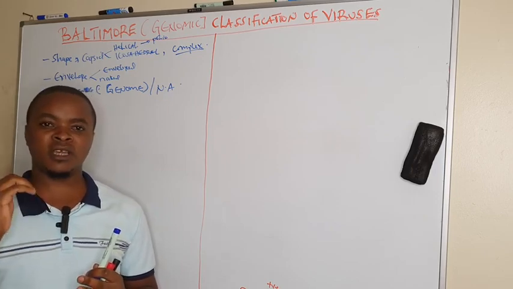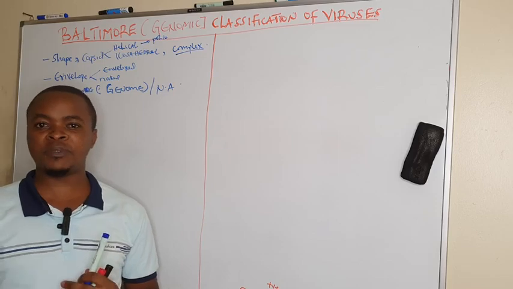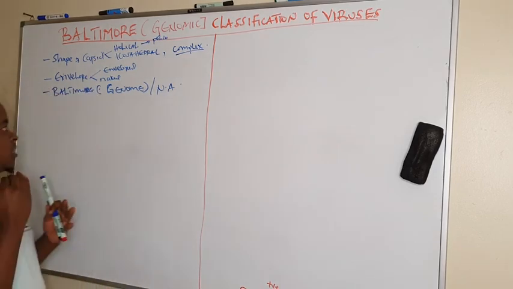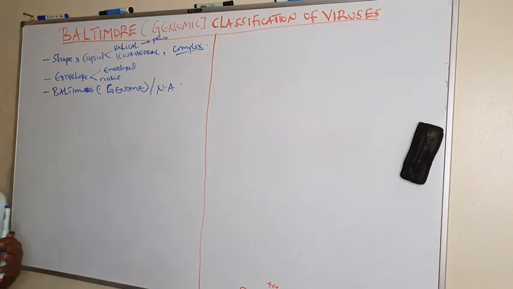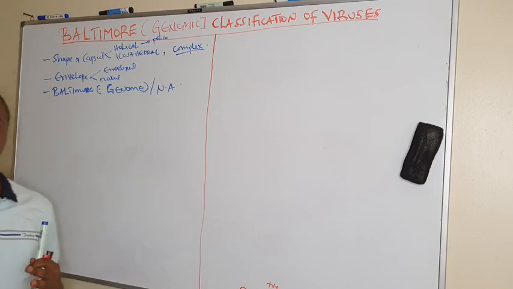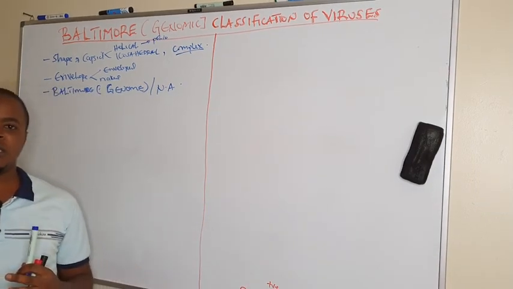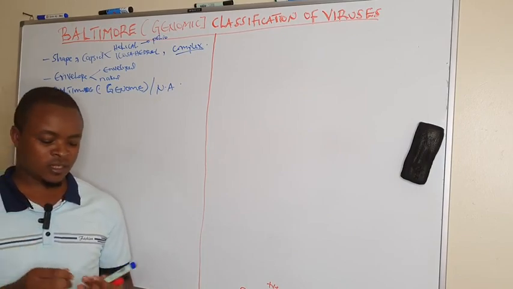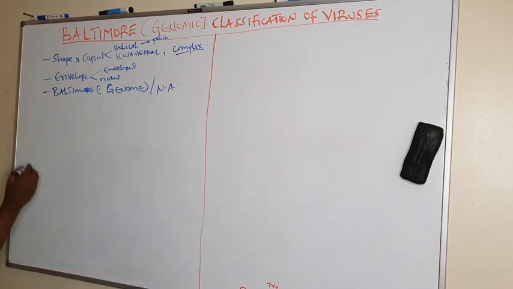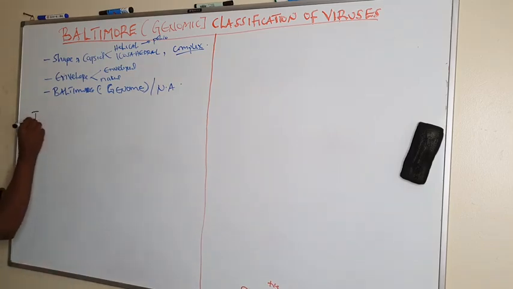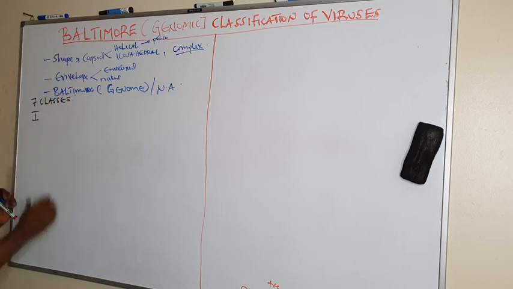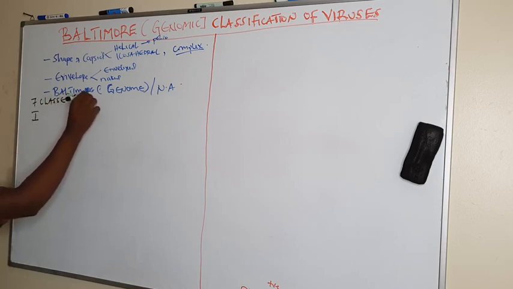Then according to the envelope, some are enveloped, others are naked. But in this session we are aiming at genomic classification. According to Baltimore, there are only 7 classes of viruses. He categorized them into 7 classes according to the genome.